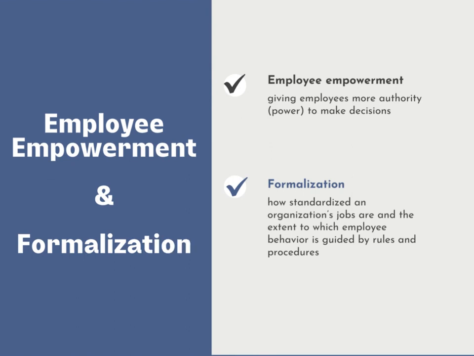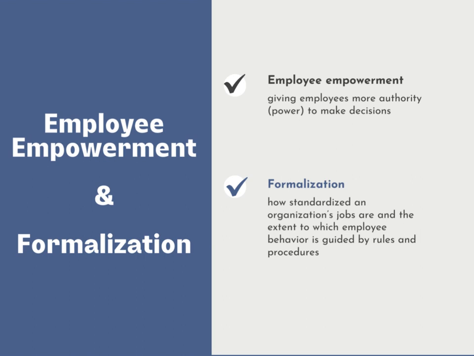When we look at employee empowerment and formalization, a decentralized organization does allow your employees to feel more empowered because they have the opportunity to make decisions at their level. And formalization is how standardized an organization's jobs are and the extent to which employee behavior is guided by rules and procedures.